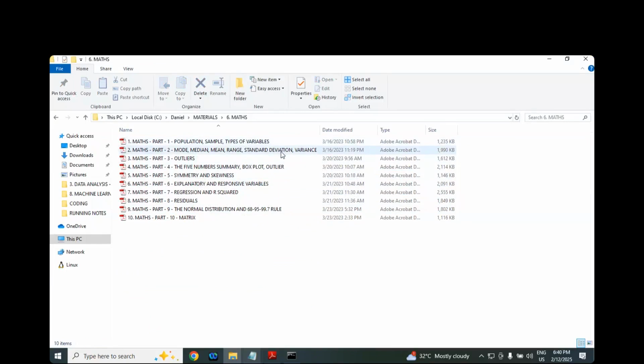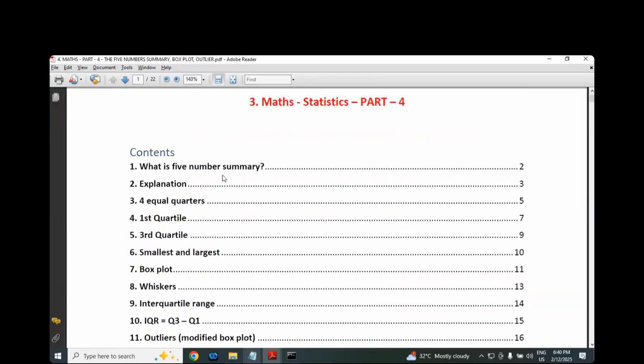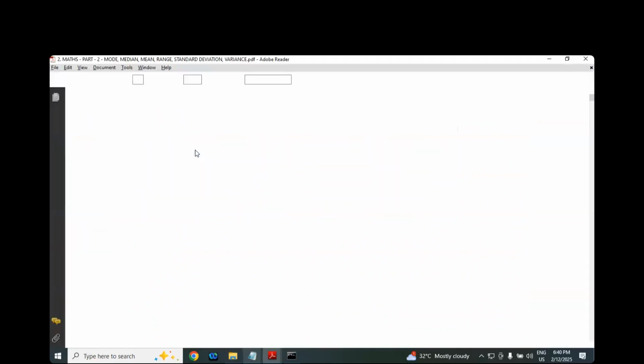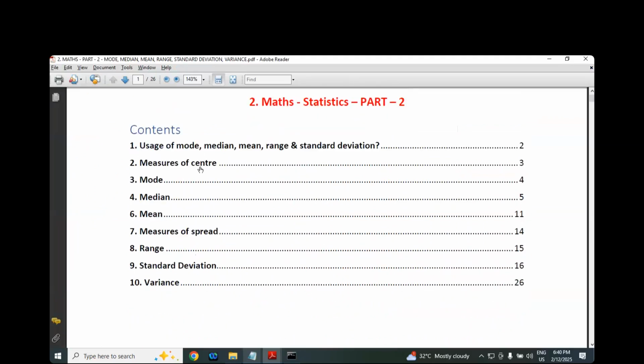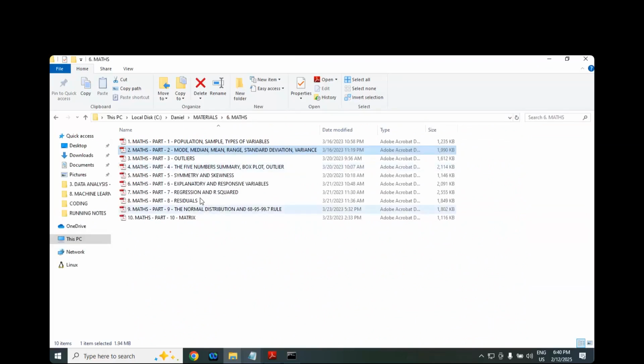Here variance and five number summary, symmetric and skewness. Let's open the material. R value. Please bear with me.